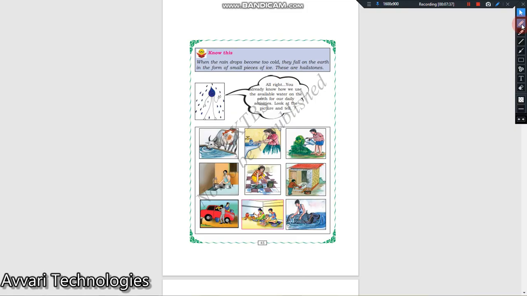Water is important for plants. We use water for washing vessels, washing clothes, and for washing our toilets, bathrooms, etc. And for washing our cars and vehicles, for cooking food, and for bathing all our other animals. Let's go to the next page.